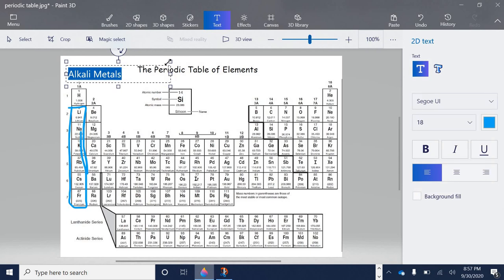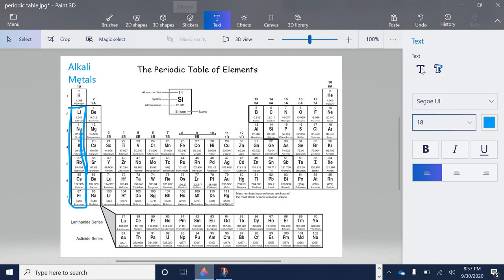All right, right next to them, we have a very similar named family called the alkali earth metals. So everything in group 2 is an alkali earth metal. They're both pretty similar.